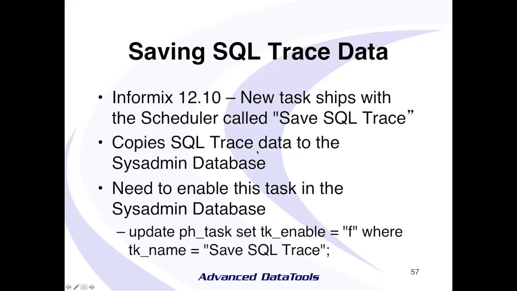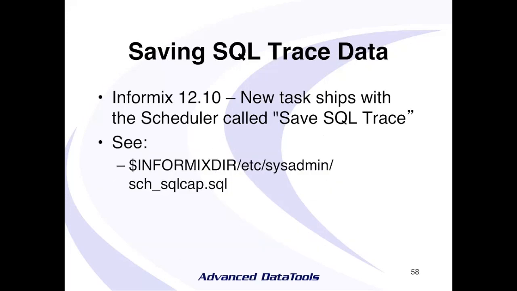But to capture it in the Sysadmin database is a task which you need to enable to save the SQL trace data. And all you have to do is run this, update it, and enable it. You can see what it does in Informix Sysadmin SQL capture. And that will go out and get your SQL trace data and save it for you in another database so you can look at it. That's the best way to do it because it's going to go through so fast.